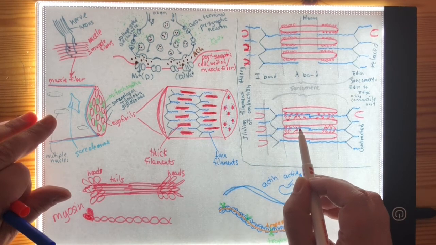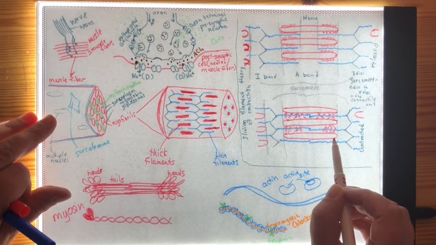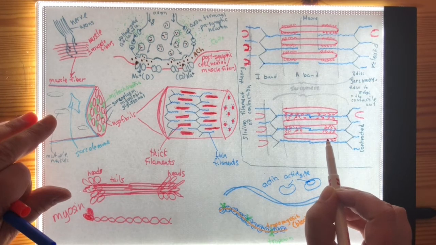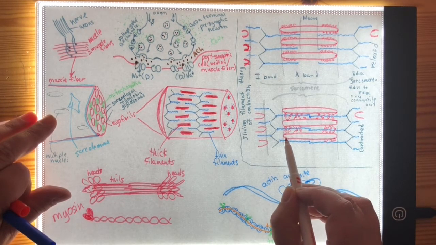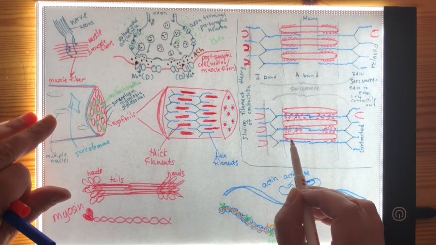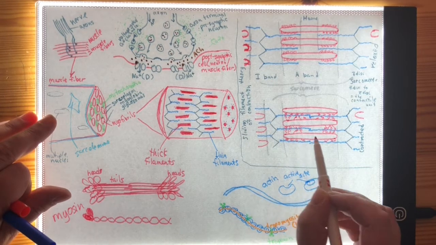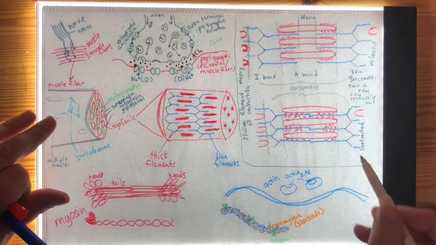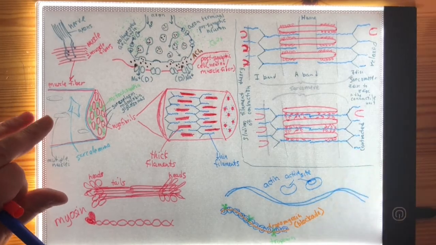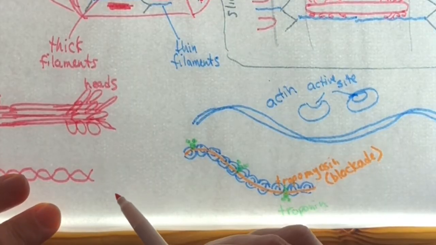And as we drew the actin filament down below the thin filament, you know that there's actin active sites. As long as those actin active sites are exposed, the heads will attach, move the thin filament, detach, reattach, move the thin filament, and detach.